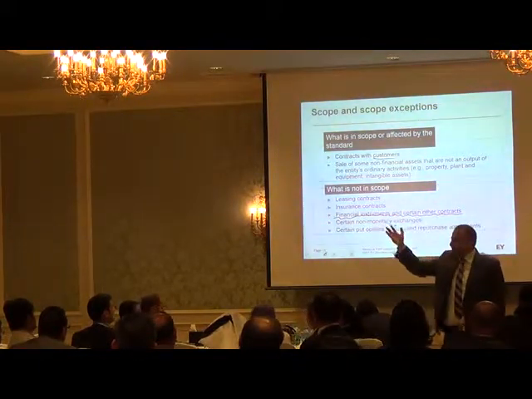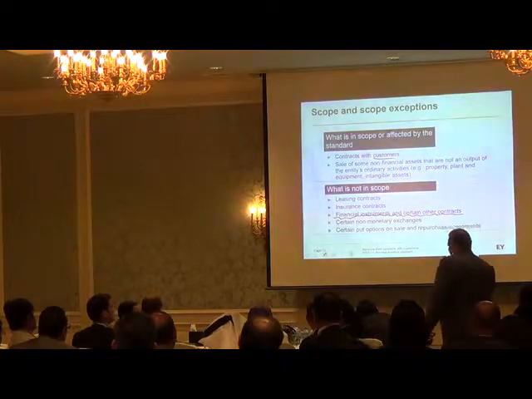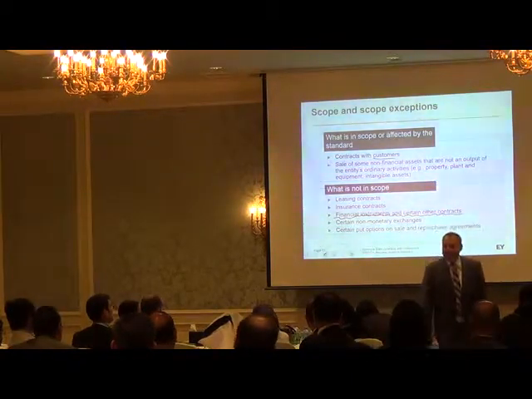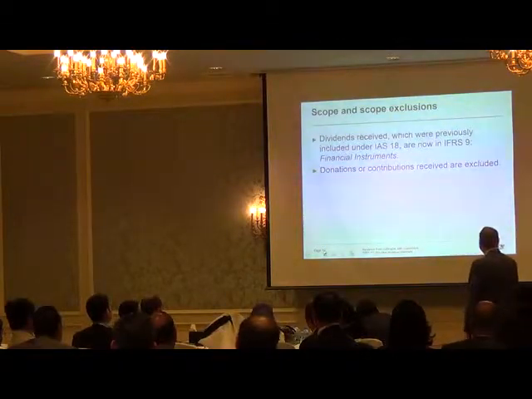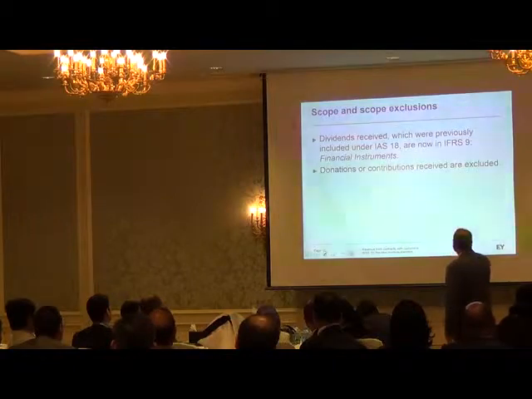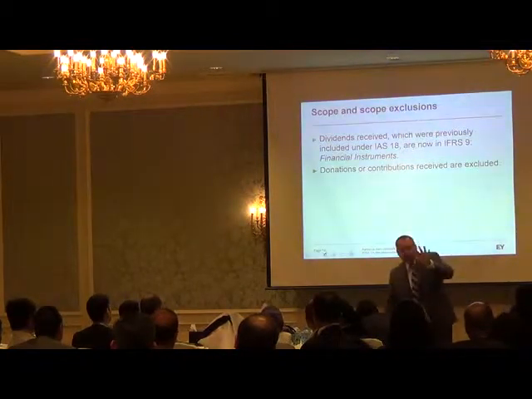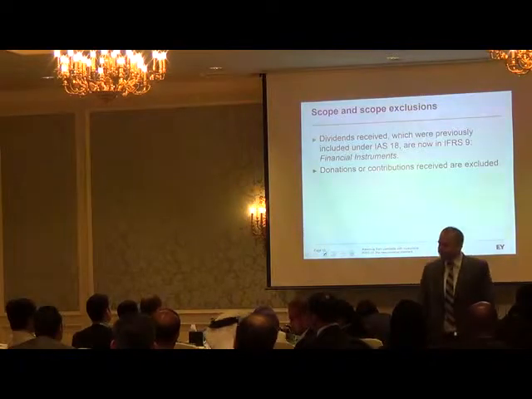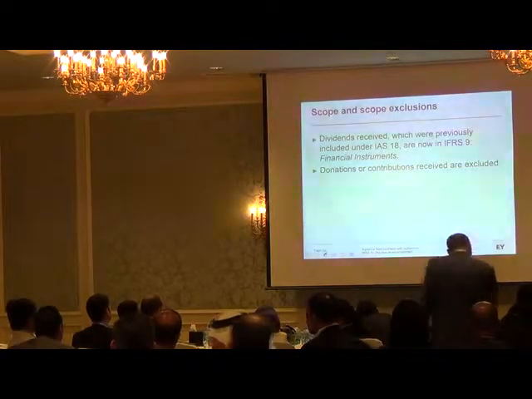Okay? Well, that was a really easy rule. Why did they remove it? Simply because they put it to IFRS 9, the same sentence. In IFRS 9, the dividends received are now going to follow the same rule: when the right to receive is established.